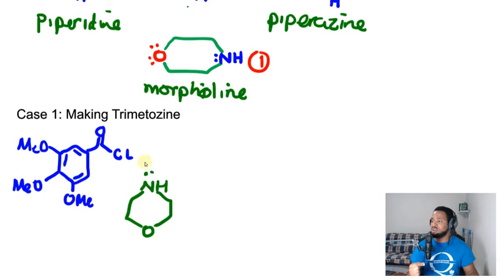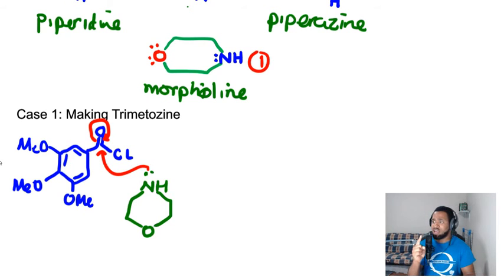Therefore, it finds the electrophilic part within this ring, and the electrophilic part is a carbonyl region, which is the carbon specifically right here. As a result, we perform our nucleophilic attack, which causes the bonding pair here to reform the bonding pair right here.